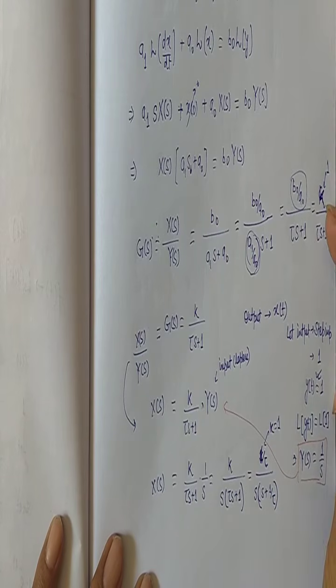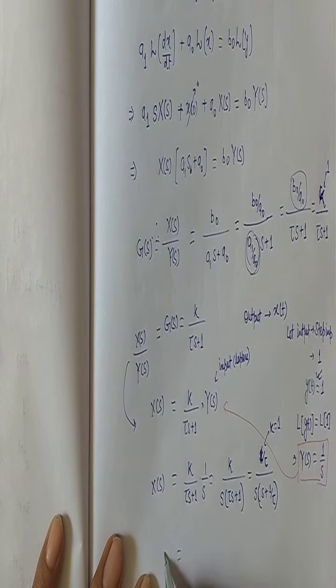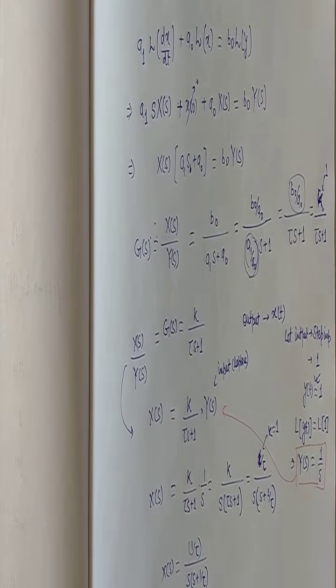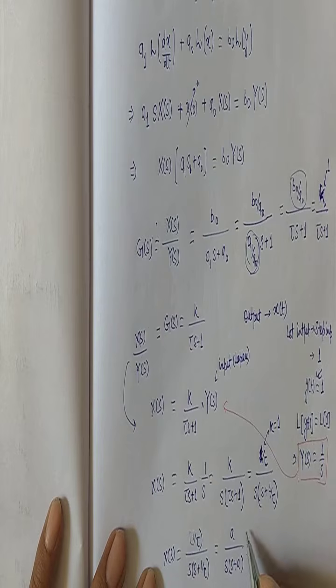Let's suppose this gain is 1. So the form I am getting is 1 upon tau over s plus 1 upon tau. Again, let's call this 1 upon tau as a. So a by s into (s plus a). Let a be equal to 1 upon tau.